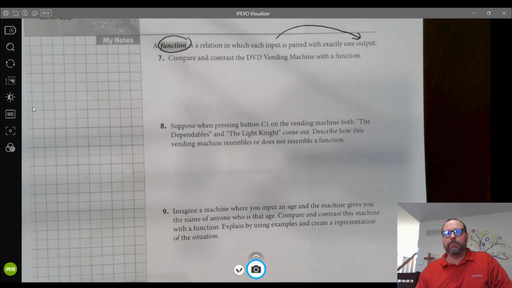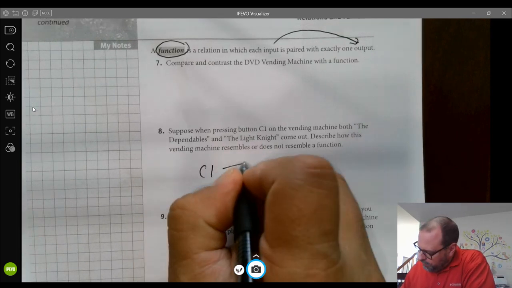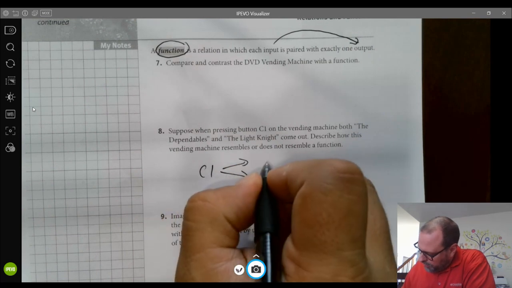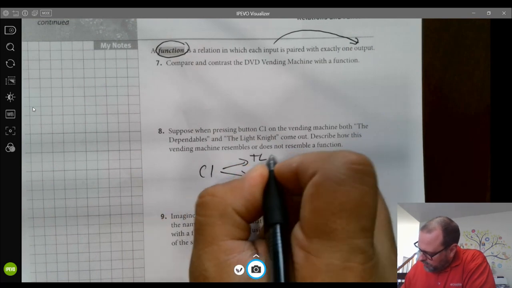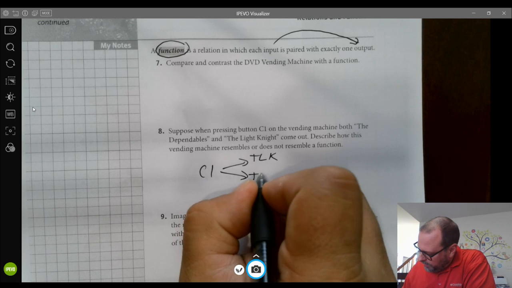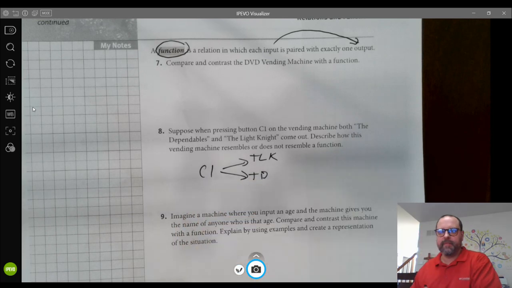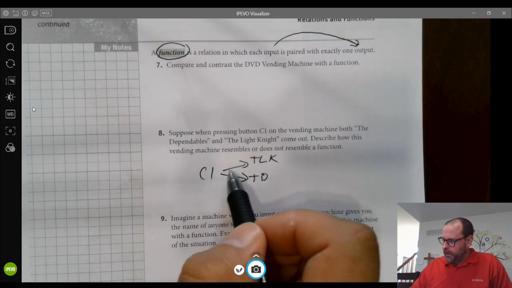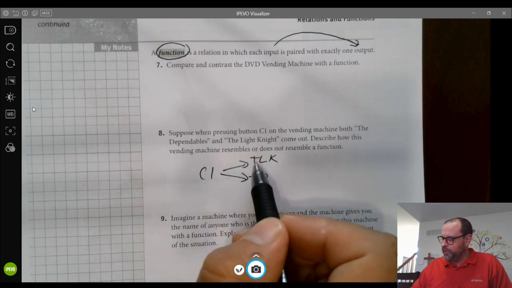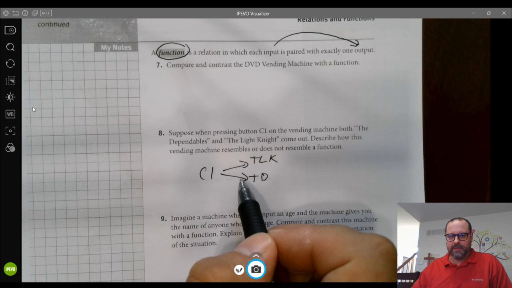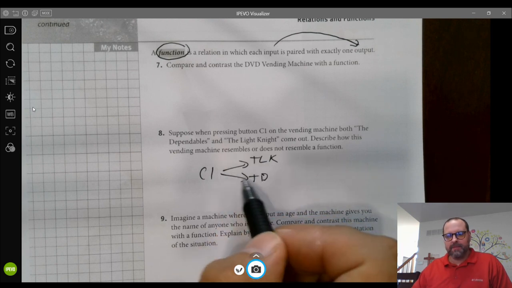So it says, suppose C1 on the vending machine, both the dependables and the light night come out. Okay? How is this not a function? Well, C1, if I did a mapping, it has 2 arrows coming from it. I'm just going to abbreviate, TLK and TD. There is an input that is paired with 2 outputs. That does not make it a function.